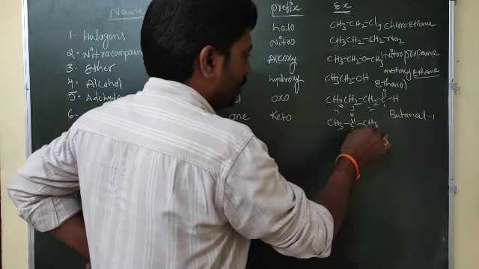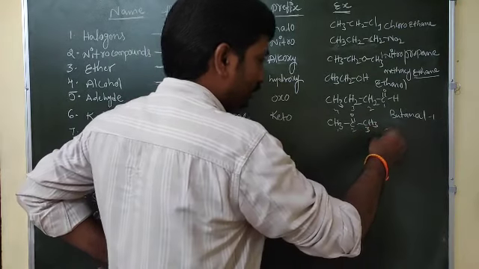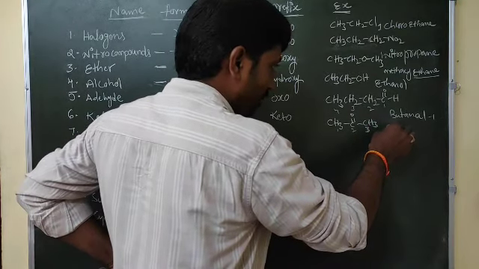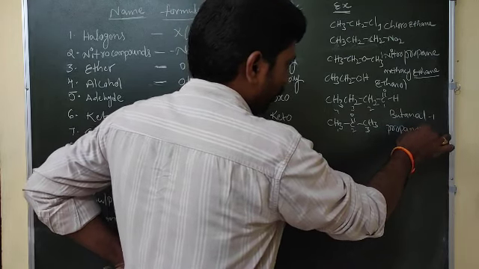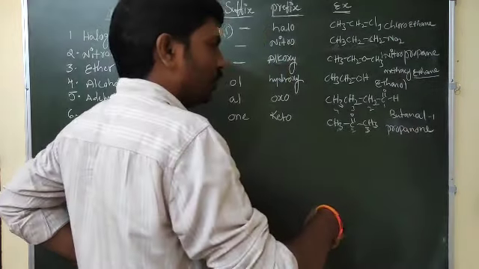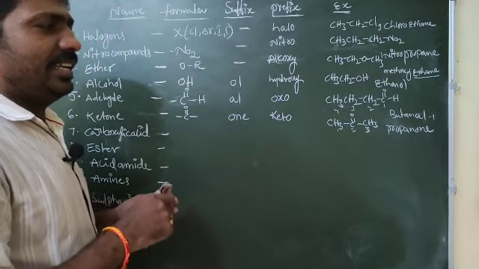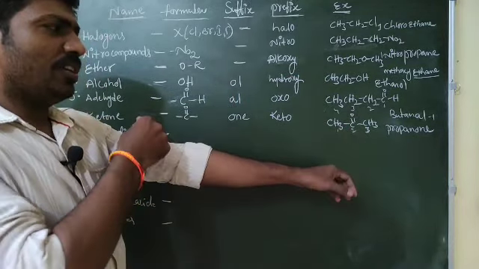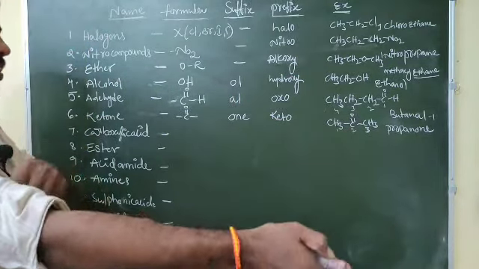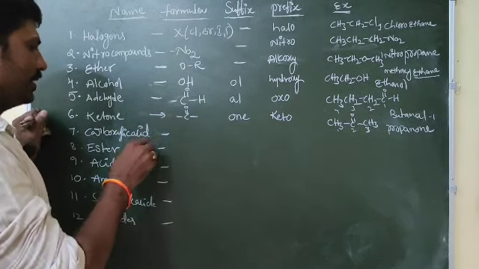This has 1, 2, 3 carbons, so the name of this compound is propanone. Propanone 2 or 2-propanone. It is not a chain-terminating group, it is a functional group in the middle only, so no need to mention the number for that one. Ketone over.